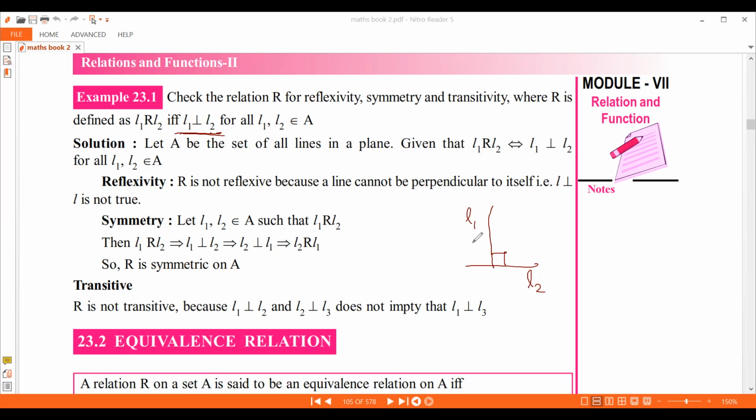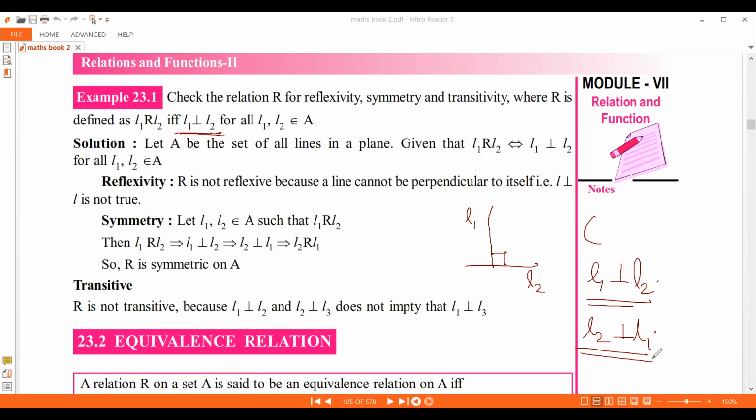You don't find a doublet here. How do you check the reflexivity? See, if L1 is perpendicular to L2, suppose I consider it like this. L1 is perpendicular to L2. Can I write L2 perpendicular to L1?